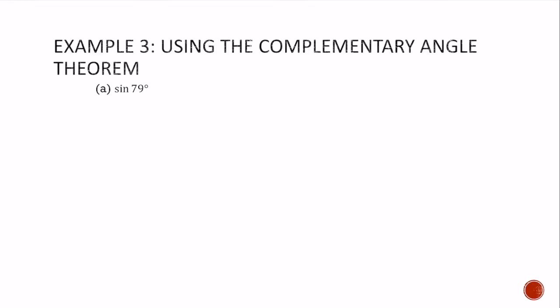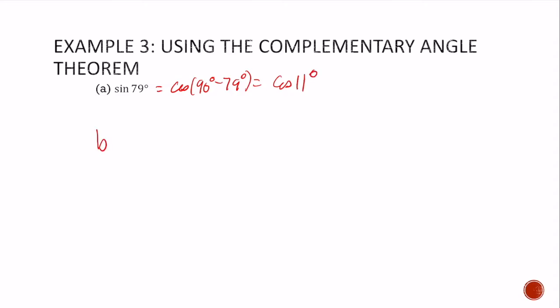So let's go ahead and solve a couple examples using the complementary angle theorem. The sine of 79 degrees would be the same as the cosine of the complementary angle, so the cosine of 90 degrees minus 79 degrees, same as the cosine of 11 degrees.